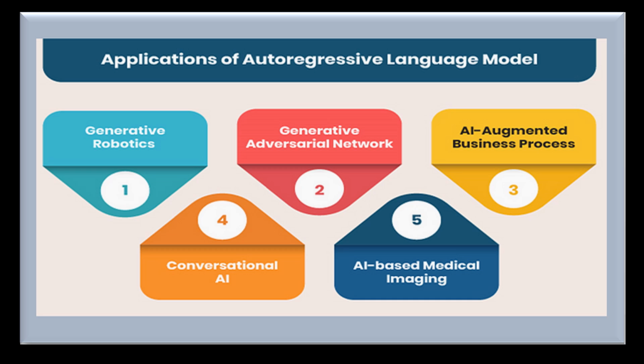So to summarize this, we can say AutoRegressive language modeling is a training technique used in transformer-based models where the model sequentially predicts each word in a sequence based on the words that came before it. And this allows the model to generate coherent and contextually appropriate text. AutoRegressive language modeling is the basis for generative language models like GPT-3, which are able to produce human-like text.